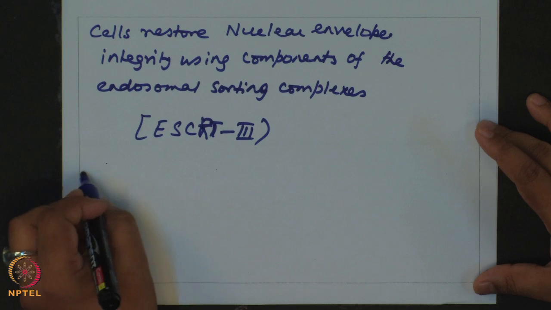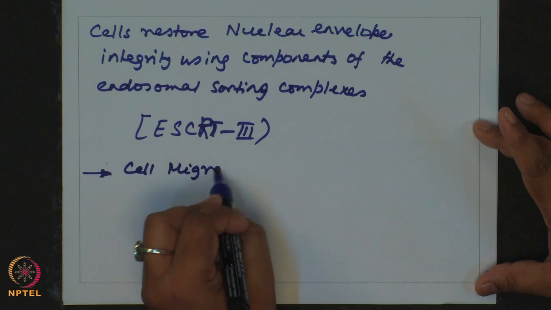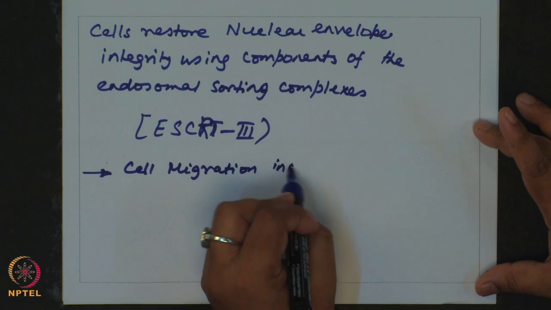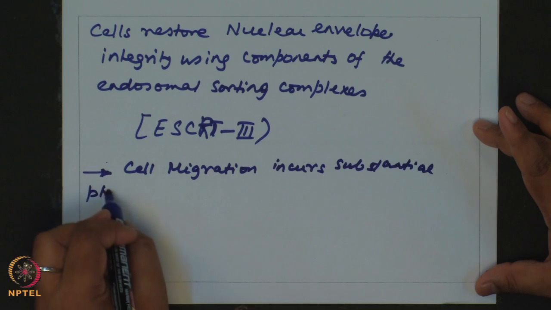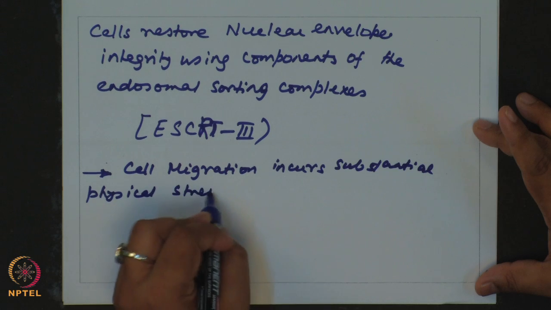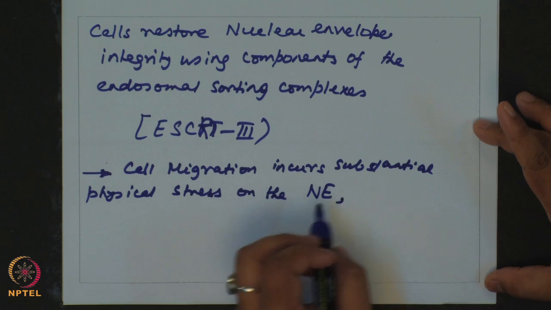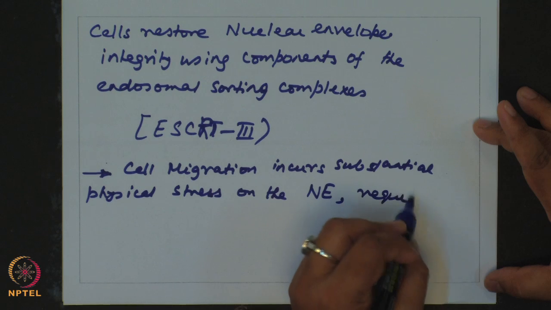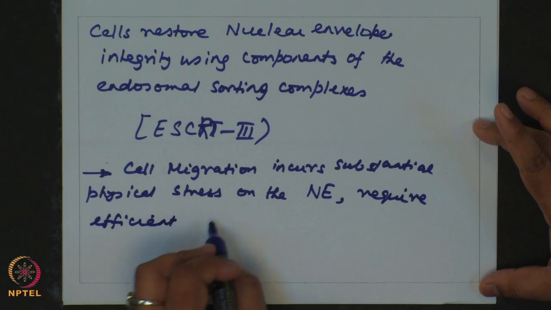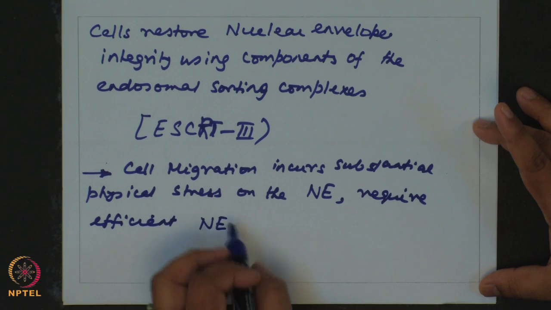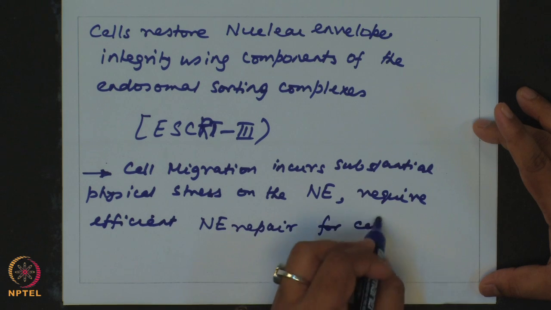Okay. So, together what these studies show is that cell migration incurs substantial physical stress on the nuclear envelope, and so if this is true, then you do require efficient nuclear envelope repair, okay, for cell survival.